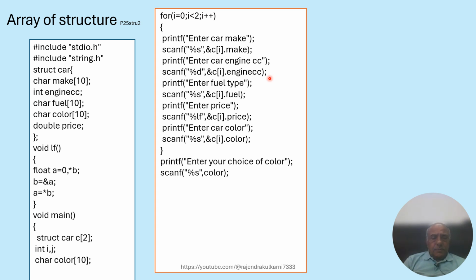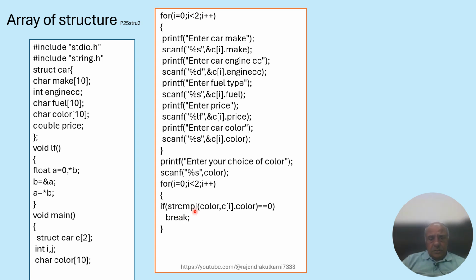Then we prompt the user to enter his choice of color, which color he wants, and that value entered by the user is assigned to string color. Then we are using a for loop with the strcmpi function, which compares two strings.